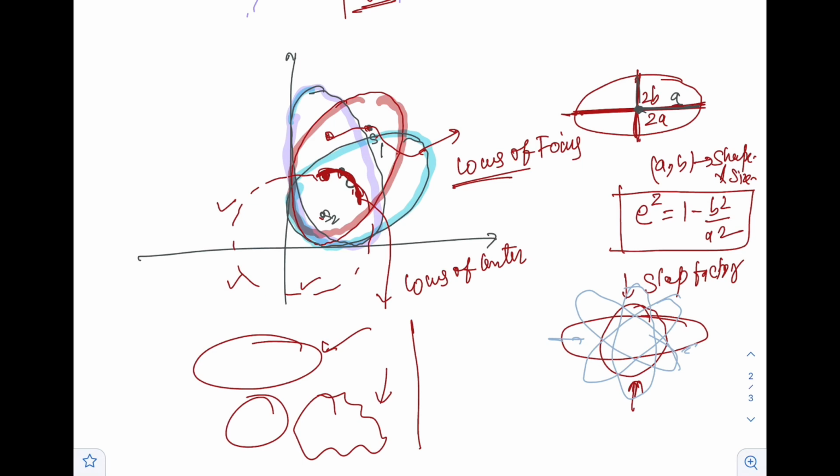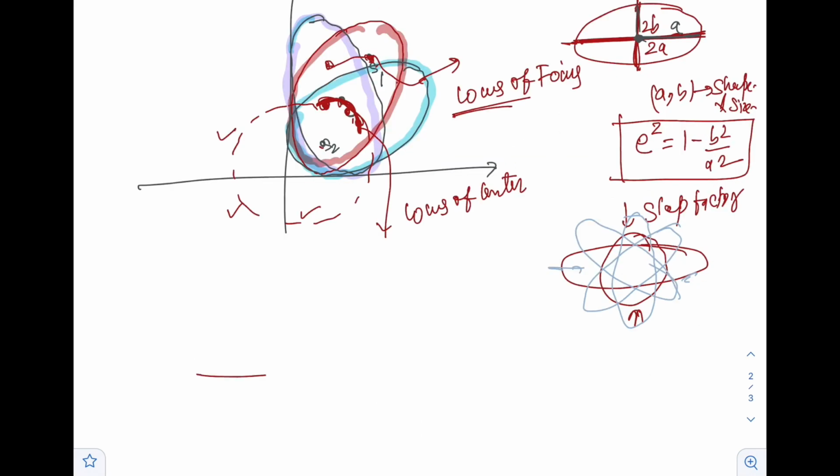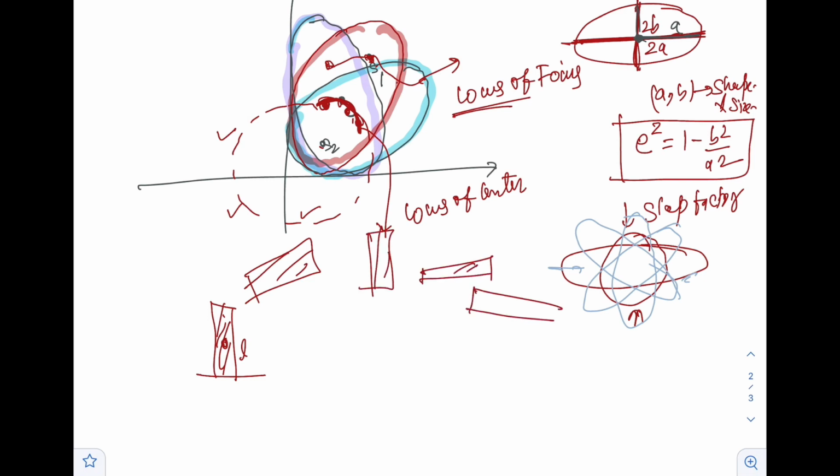Some of you say no, S1 cannot follow a circle because it's not moving so nicely. The center was at the center of the ellipse, so its path was nicer. It's kind of a center of mass path. You can relate with this: if I have a rod of length L and you throw it in the air, it will attain different configurations while going, right, before it falls down.